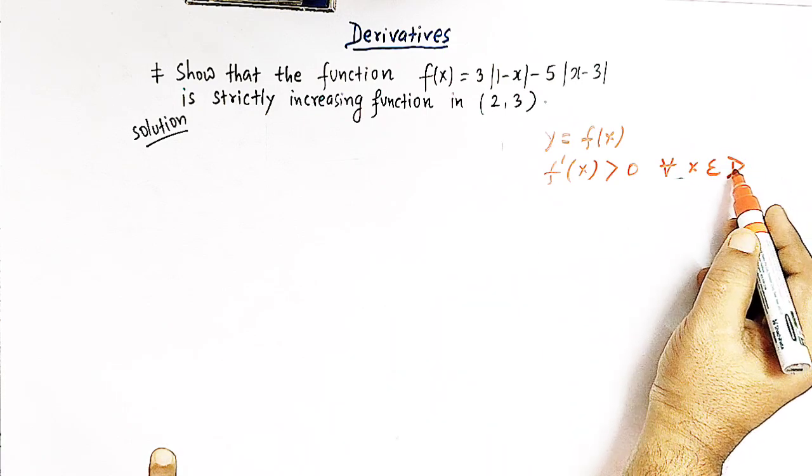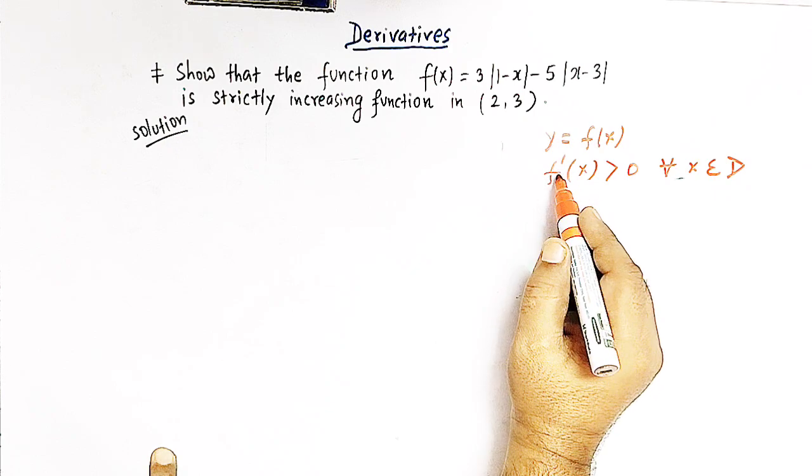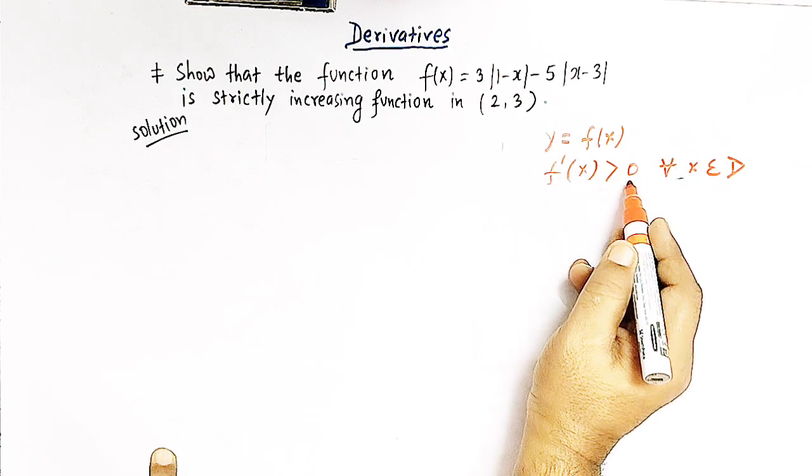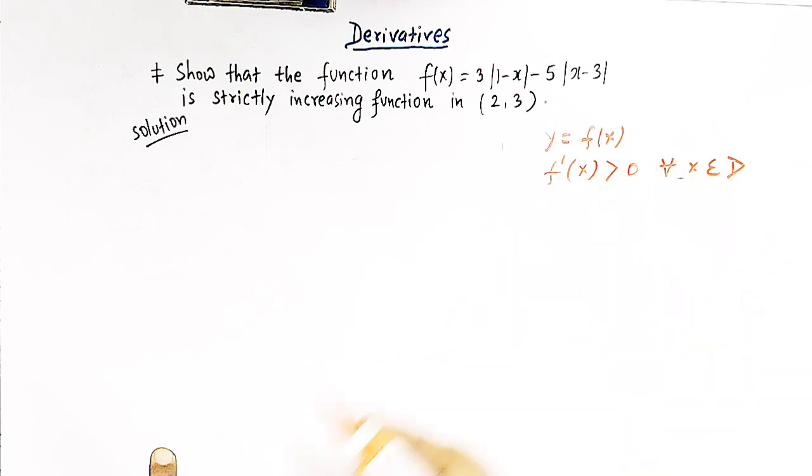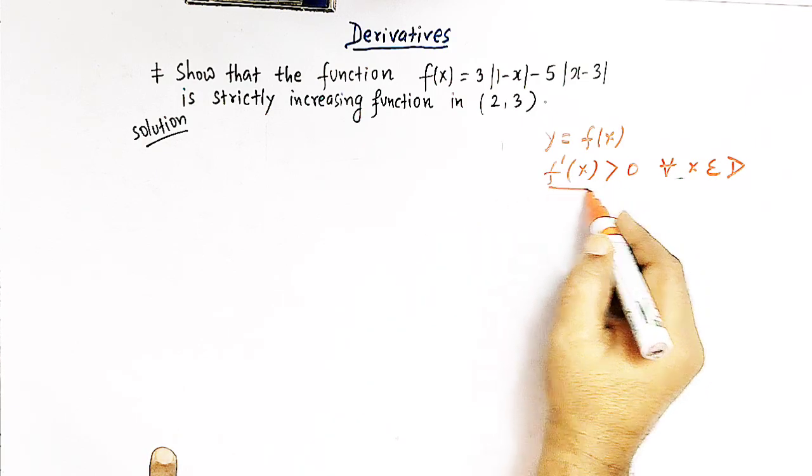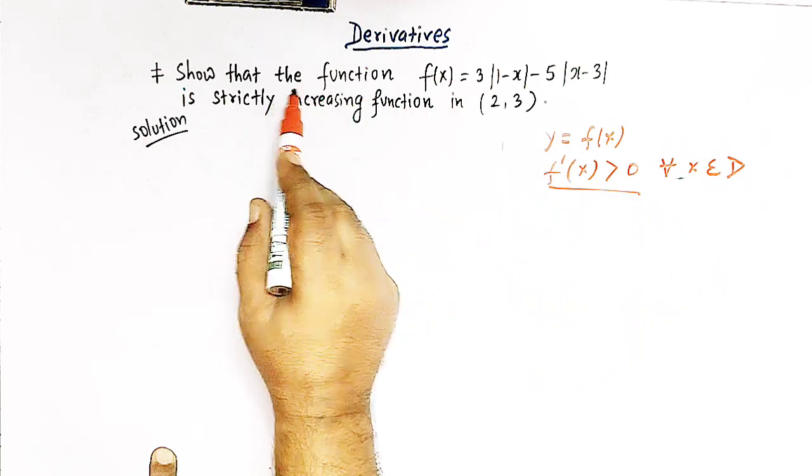Here we write D for domain. So the derivative must be greater than 0 for all values of x belonging to the domain. We'll use this concept in solving this problem.